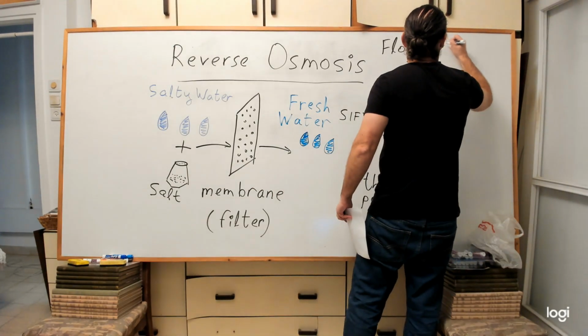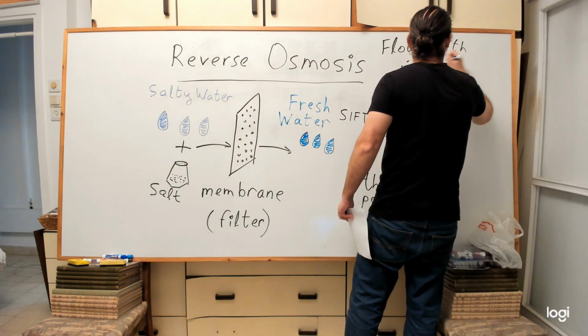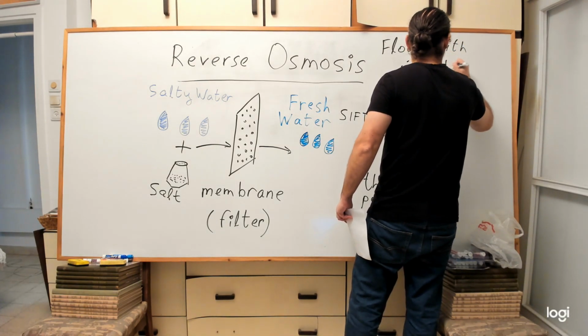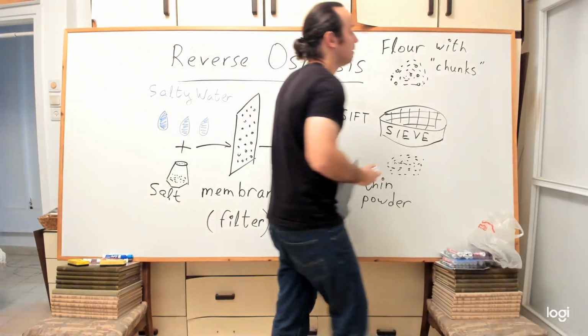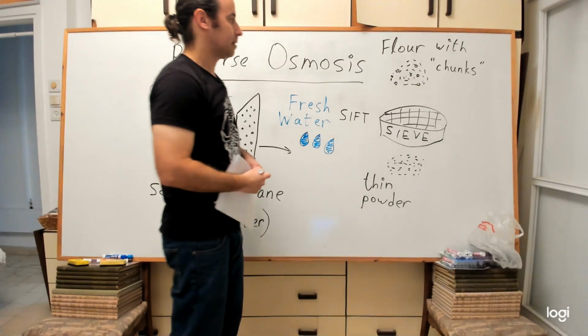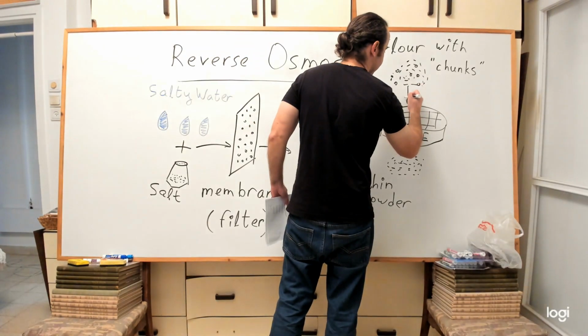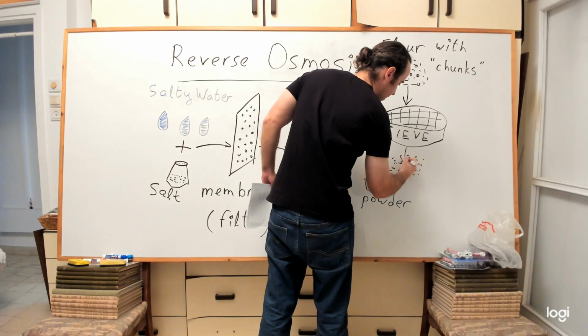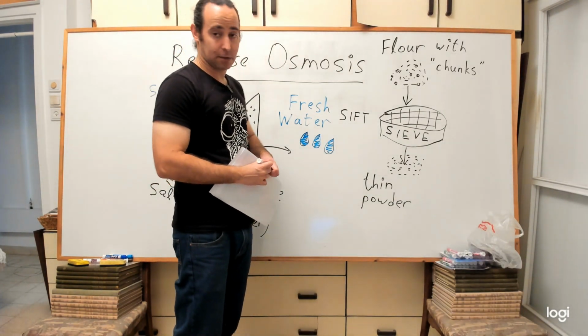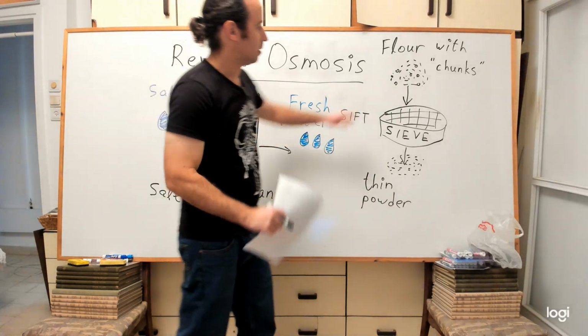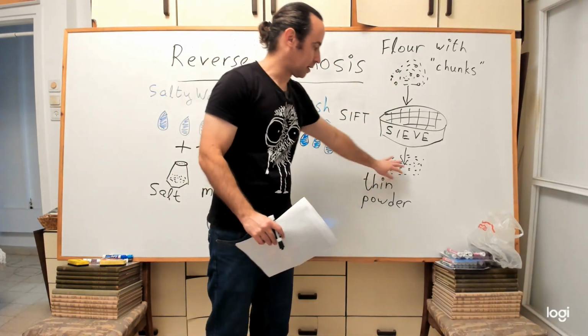Okay, so I hope you understand that if we put it through the sieve, it comes out without what we don't want, without the chunks. These are gone. Okay, here it's clean.